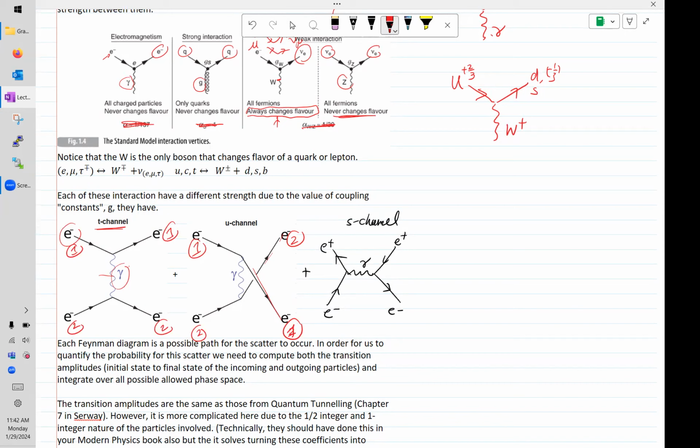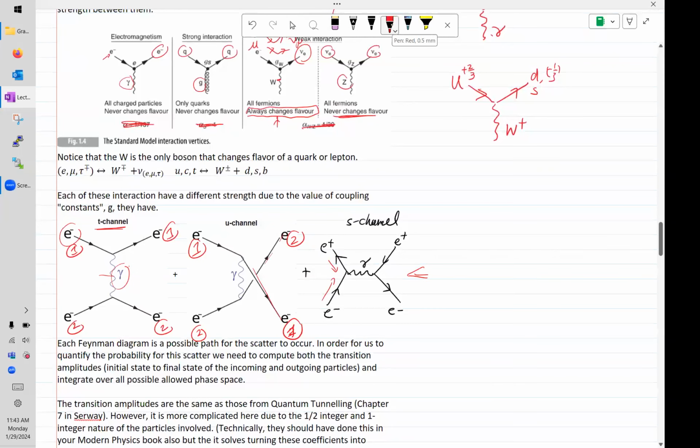Okay, and for some reason, the book didn't put this here, but there's also what's known as the S channel, where basically what's happening is that you have a positron, a positively charged electron, flying in here, and then annihilating with an electron, creating a photon, and then emitting a positron and an electron afterward. Okay, and this brings up sort of an interesting case.